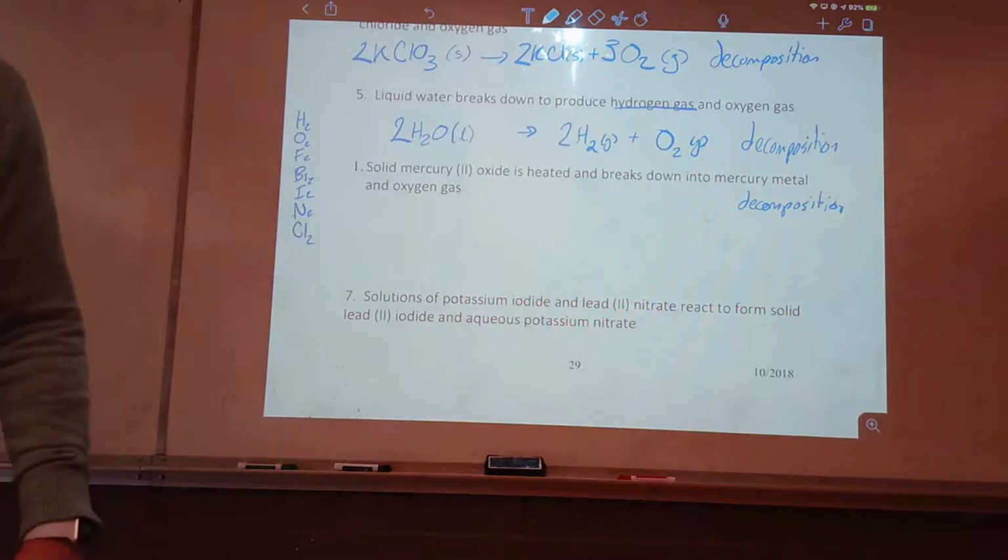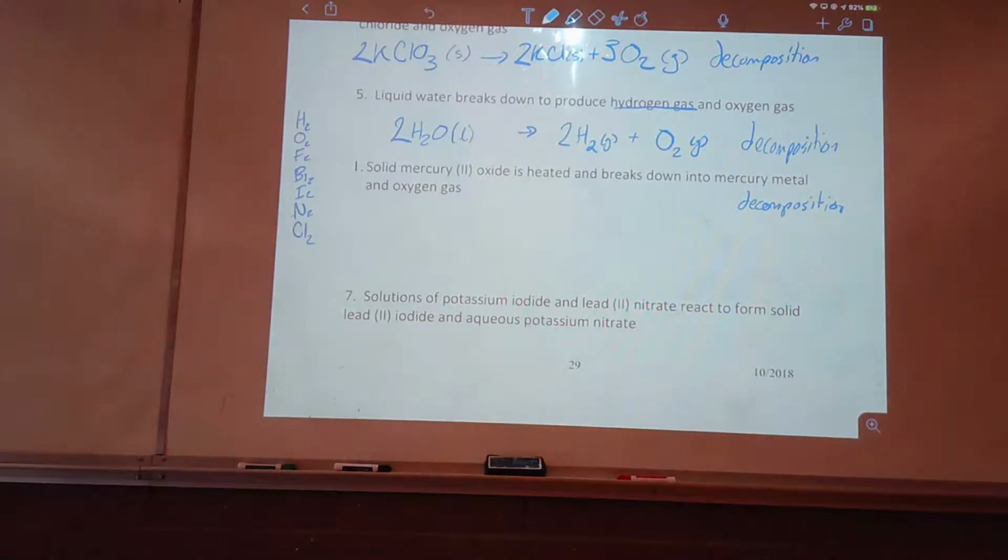That's right. And balance as well. Yeah, the balance is correct as well. Oh, okay. This one's correct. You just have to make sure this balance is right.